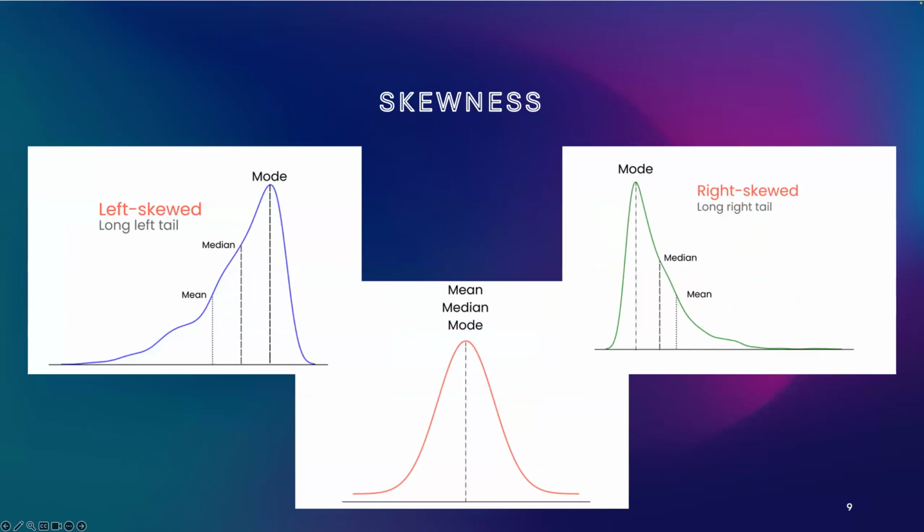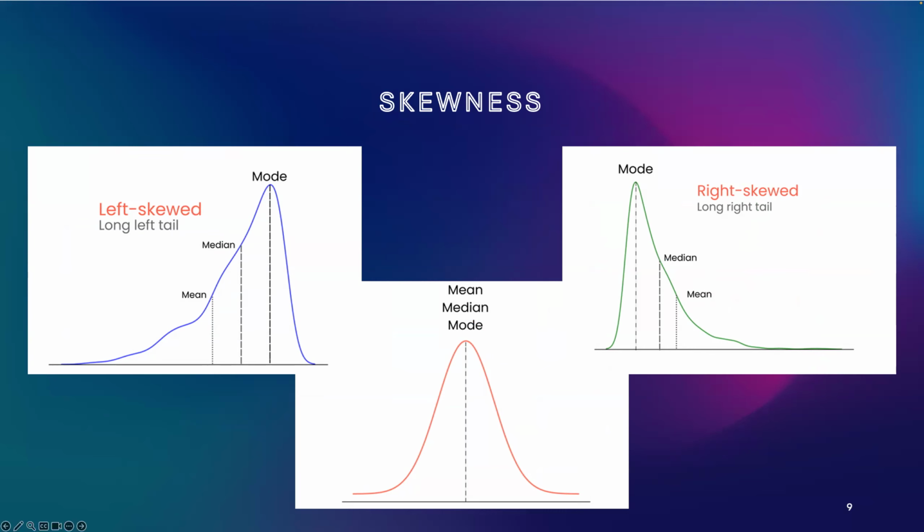But we talked about skewness earlier on, and this is a very, very important concept, so I'm going to go through it a bit more in detail. So what is skewness? It's essentially a measure of asymmetry of a distribution.